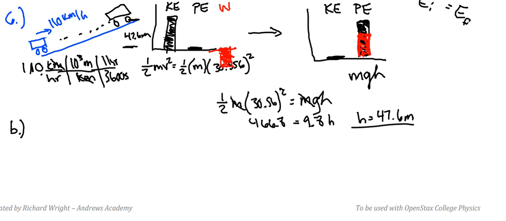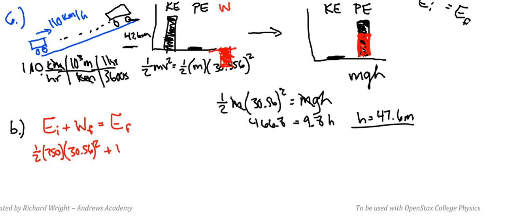So how much? Well, energy initial plus the work done by friction, which is negative, is equal to the energy final. So energy initial, 1/2 the mass, they tell us now is 750, times 30.56 squared, plus some work done by friction, we don't know how much yet, is equal to the energy final.